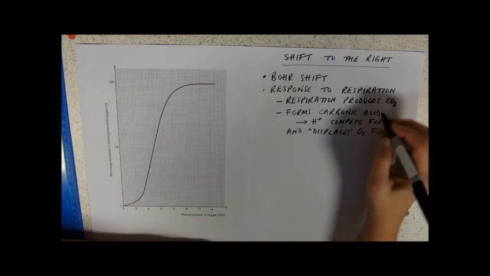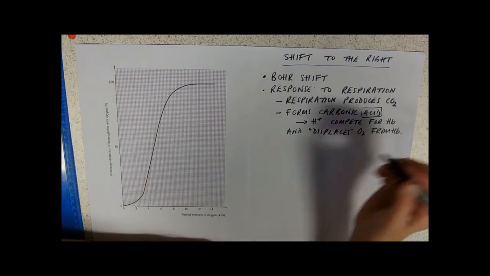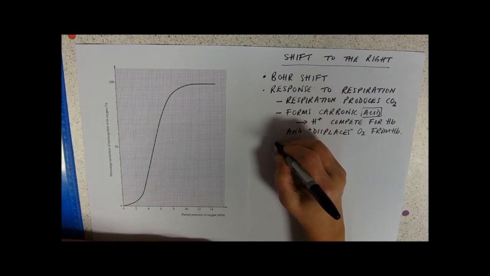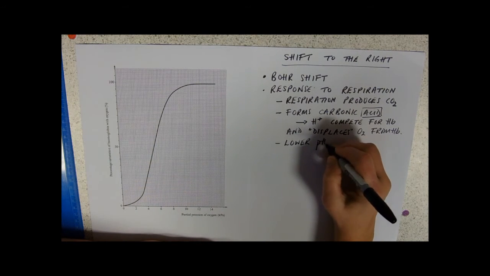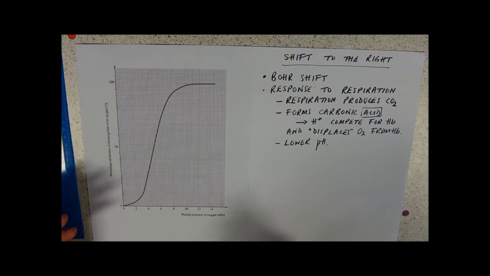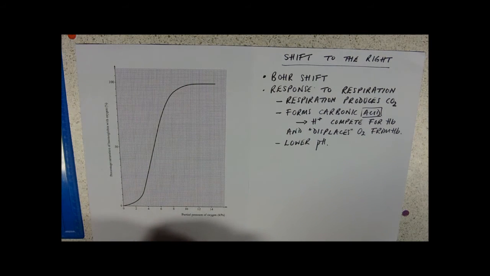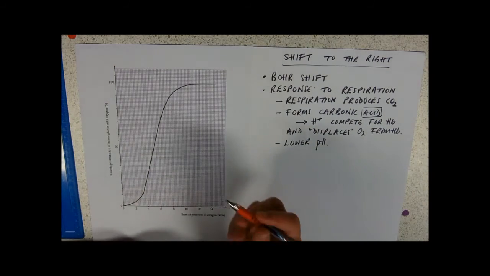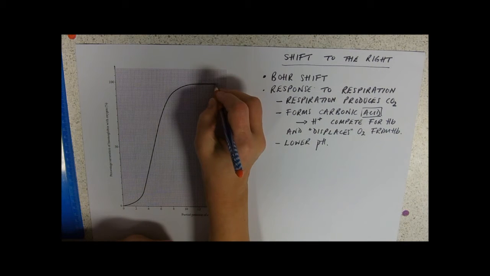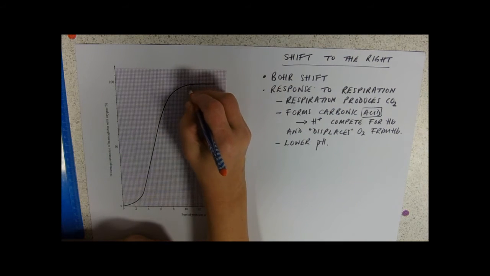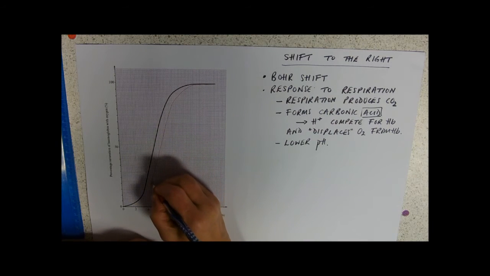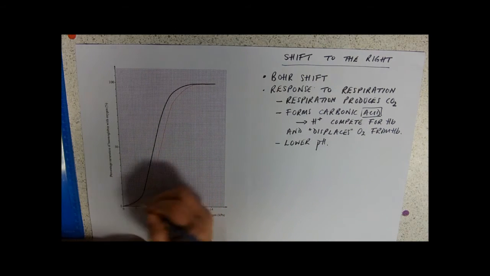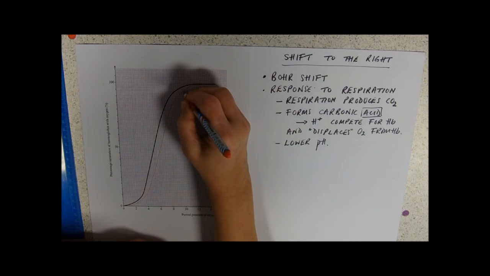So acid, of course, so this could also be a response to a lower pH. So why am I telling you that? Well, if we now go to our curve and have a look, and we increase the carbon dioxide content or lower the pH of blood, this curve moves to the right.